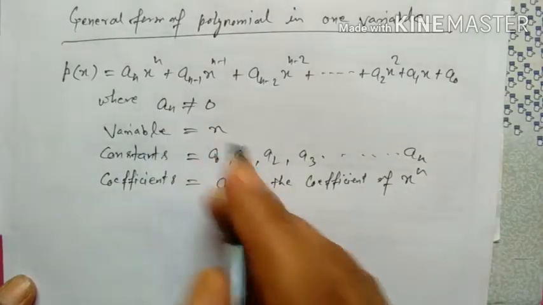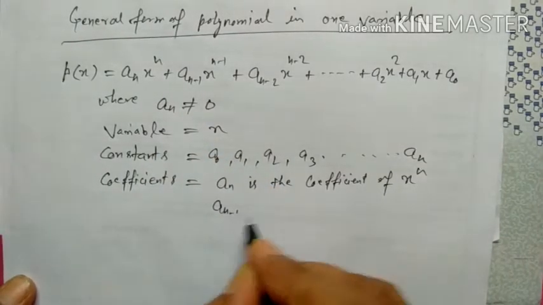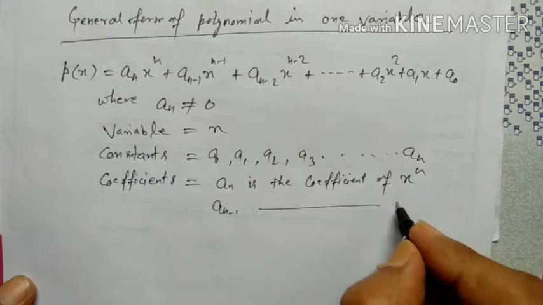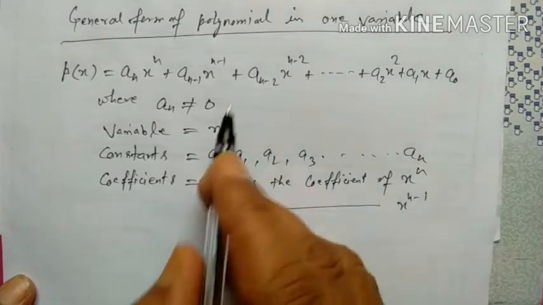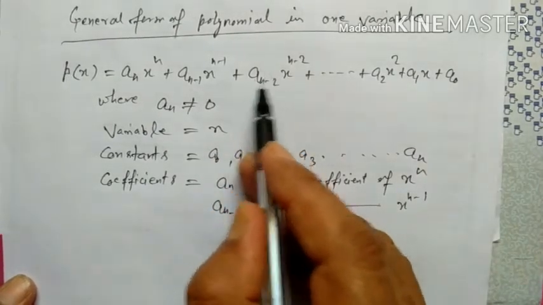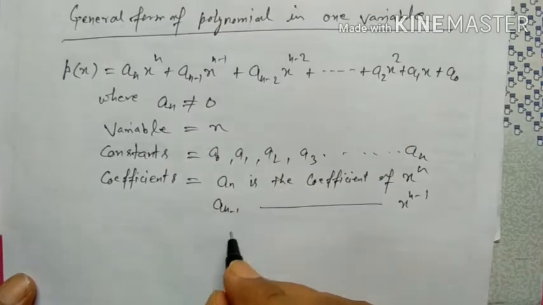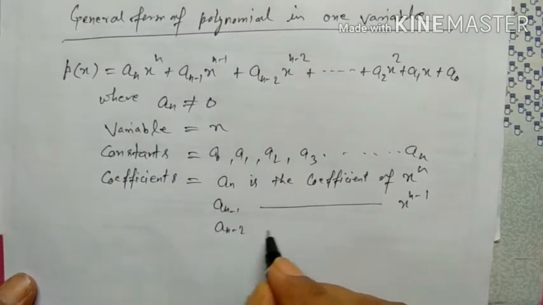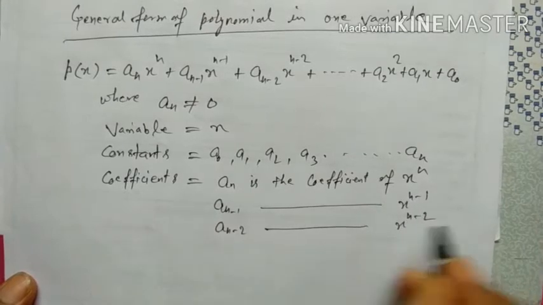Similarly, an minus 1 is the coefficient of x power n minus 1. Similarly, an minus 2 is the coefficient of x power n minus 2.